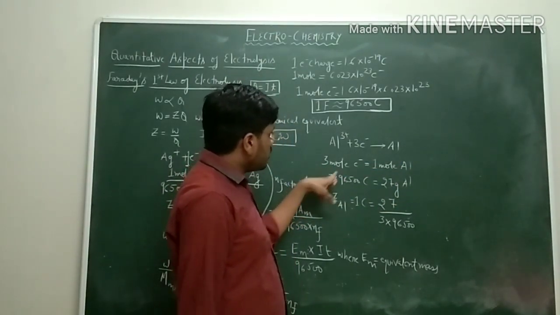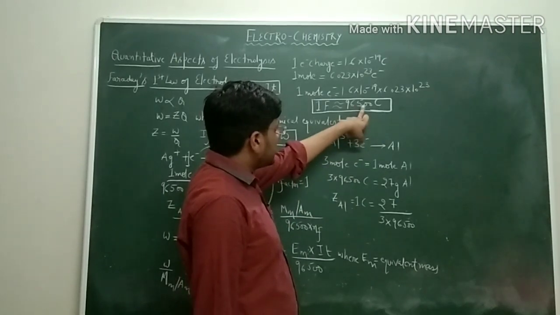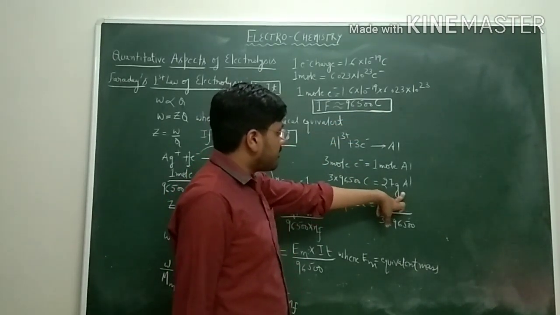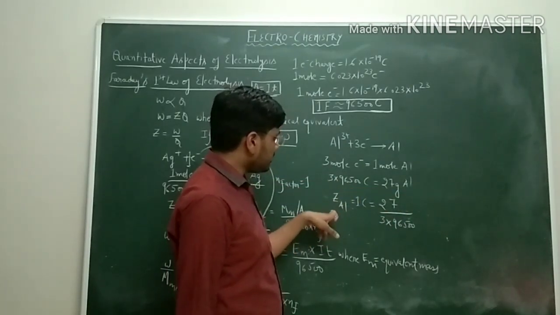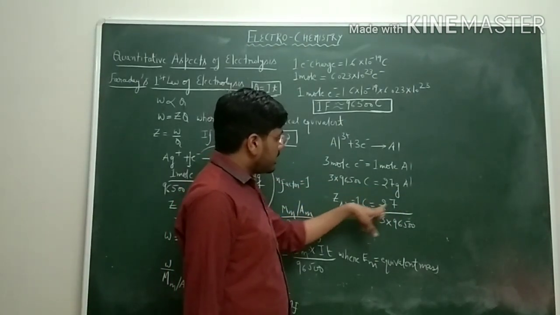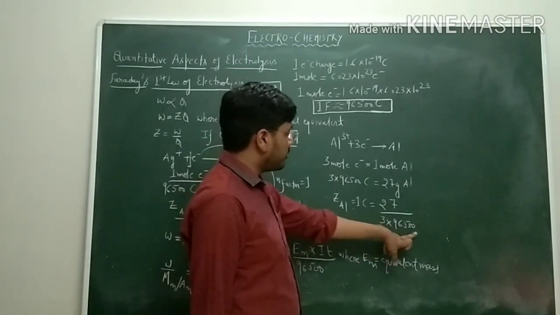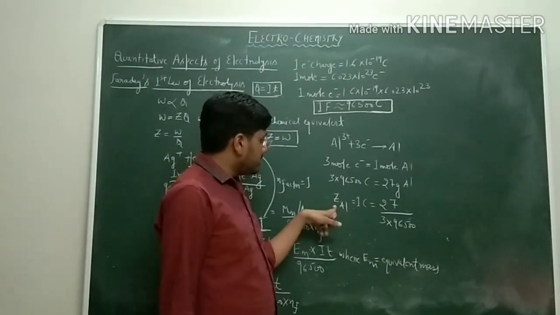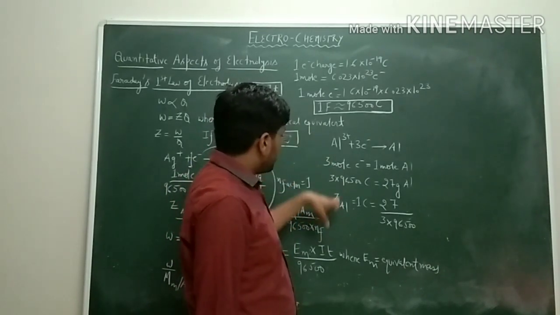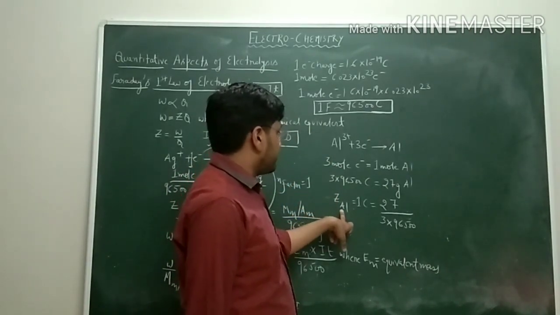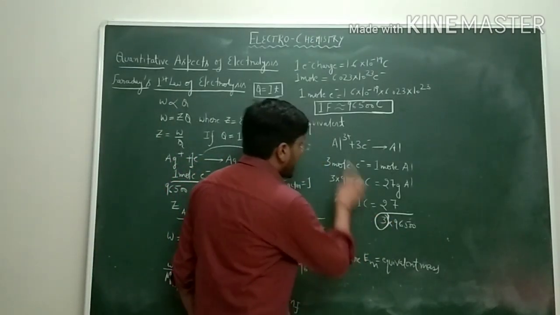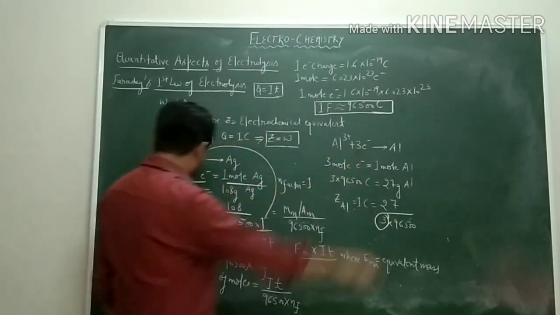Now 3 into 1 mole of electrons carries 96500 coulomb of electricity, and we get 27 grams of aluminium. So for 1 coulomb it is 27 divided by 3 × 96500, and this is Z, again the electrochemical equivalent for aluminium. Here 3 is the n factor for the aluminium ion.